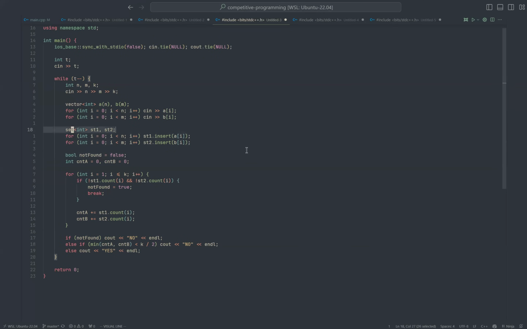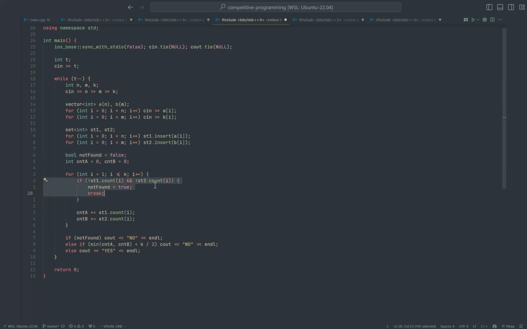First, I just stored the elements in a set so that I will be able to find out if the elements are present or not. Created a boolean with name not found, just to keep track if there is any element which is not present in both these arrays, and kept variables count a and count b, which will tell me how many elements from 1 to k are present in the array a and the number of elements which are present in array b.